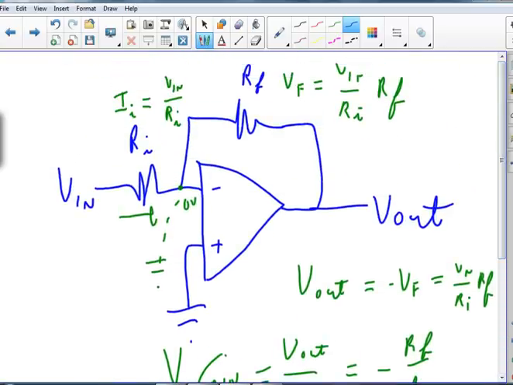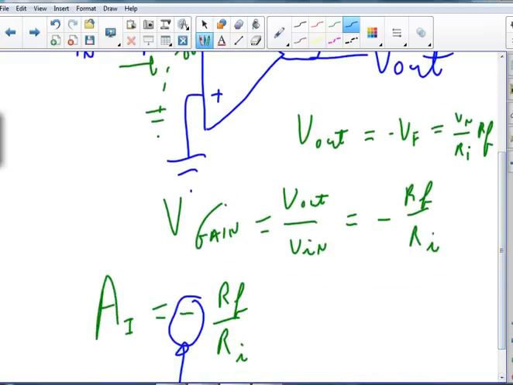So I've got some Vn. I know the voltage there has to be 0, so that means my current through that resistor has to be Vn over Ri. That current has to flow through the feedback resistor. The voltage across the feedback resistor has to be Vn divided by Ri times the feedback resistor. That voltage has to be minus whatever the output is, because I went down.